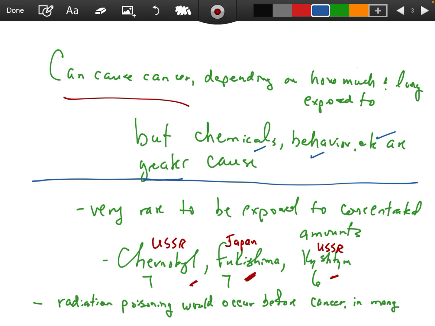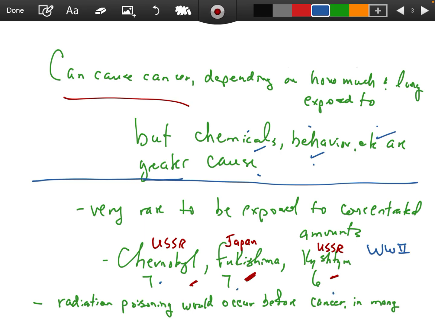Statistically, it really doesn't cause cancer relative to all of the other things that can cause cancer. There have been very few times when people have been exposed to large amounts of radiation. Obviously, the 2 times that atomic weapons were used in war, World War II, the United States against Japan. Outside of that, Chernobyl and Fukushima.